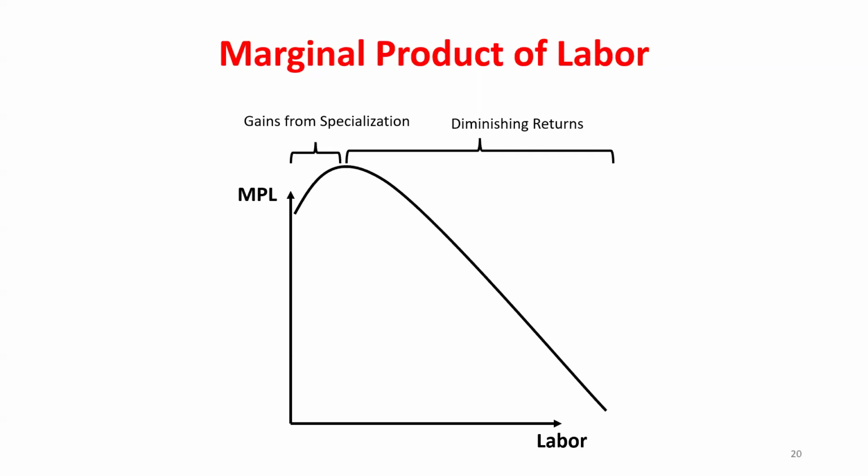As I'm hiring less and less effective workers, eventually any gains from specialization that existed are canceled out, or overcome by the fact that I'm hiring really bad workers. I'm down to my 50th best worker now, right? Any gains from specialization are gone. I'm just hiring really, really ineffective workers. So initially, we might see this marginal product of labor curve increase, but eventually diminishing returns will take over, okay?